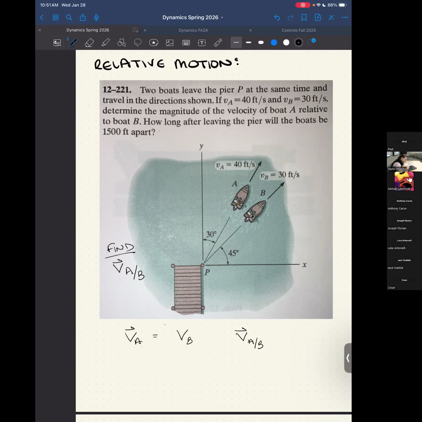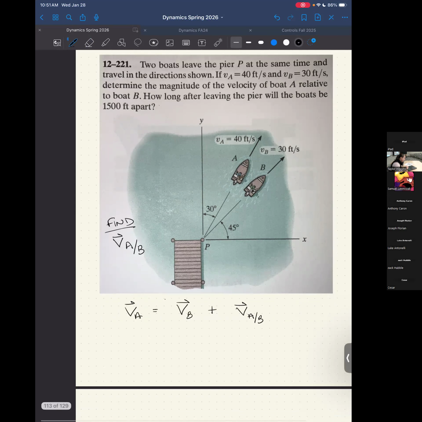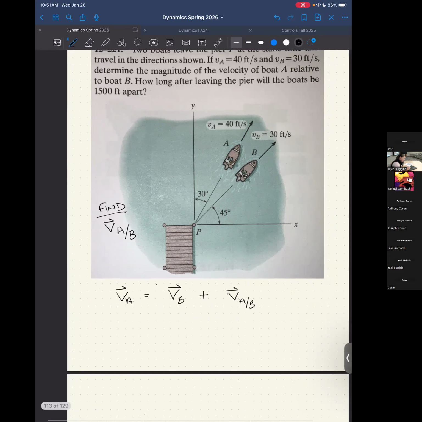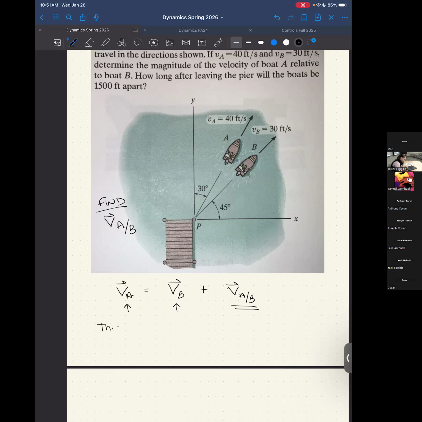It equals the other velocity plus the relative velocity. So we need to use this equation, but before I can solve for this, I must be able to plug in VA and VB. This means that I first need to find VA and VB as vectors.